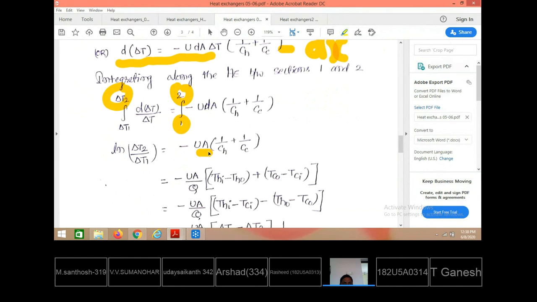Ln of delta T2 by delta T1: this is similar to the integral of dx by x, which can be written as ln of x. So when the upper limit and lower limit are substituted, this has become ln of delta T2 by delta T1. So when the whole integration is done for the whole heat exchanger from section 1 to 2, for the whole area we are getting minus U into A. As it is, these constants will come: 1 by capital CH plus 1 by capital CC.